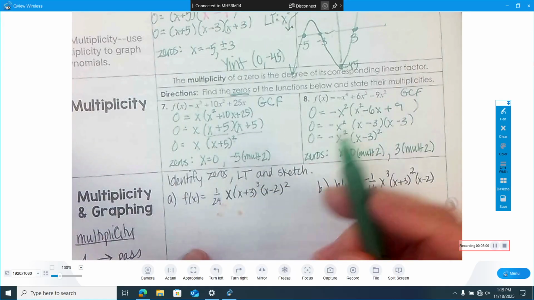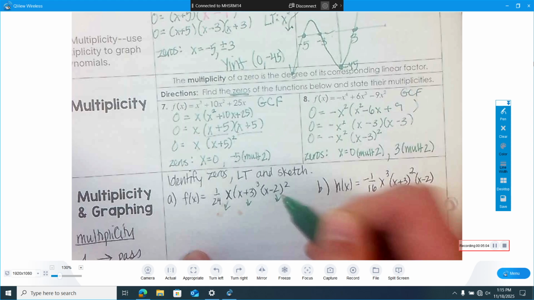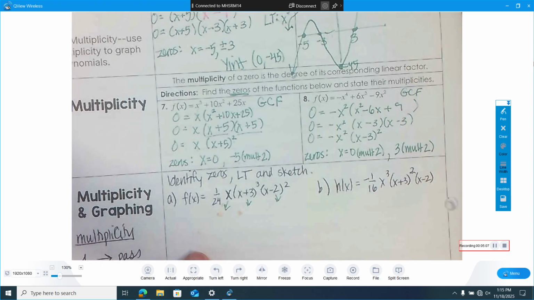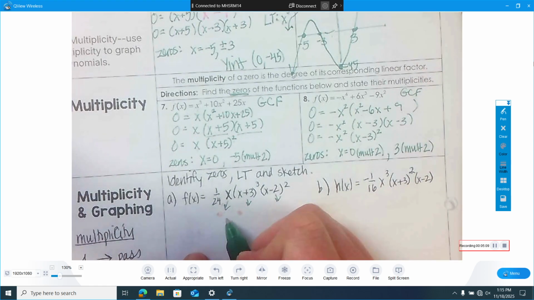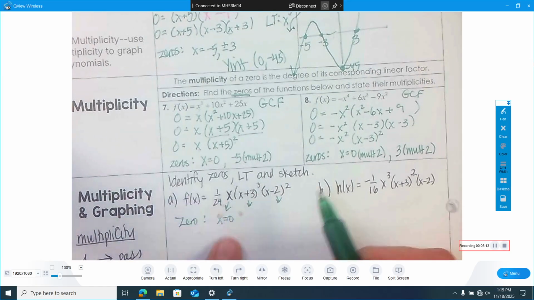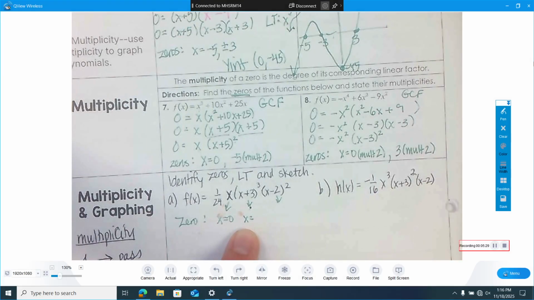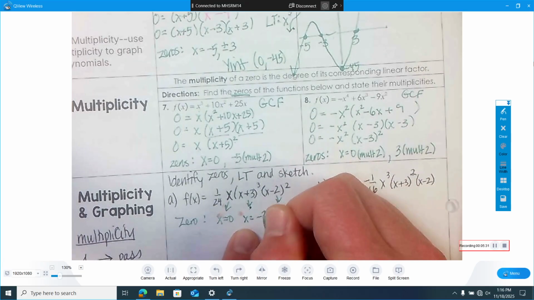And if I want to find the zeros, well, it's pretty easy. I just set each bubble equal to 0. If x is equal to 0, well, x equals 0. So there's a 0 right there. And then what's another 0 right here? We get x equals, if I set x plus 3 equal to 0, what do we get? -3, thank you.